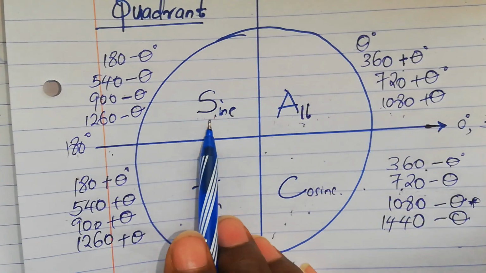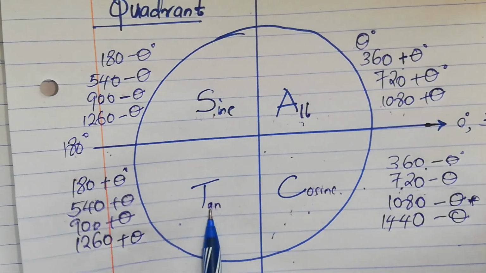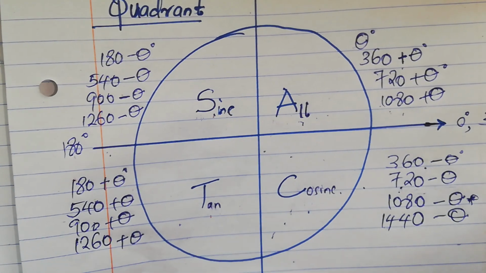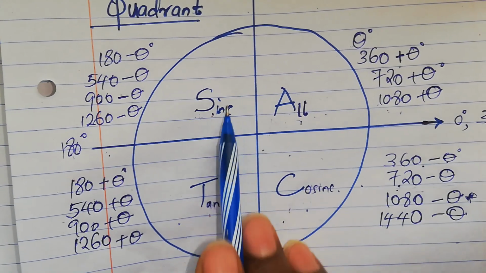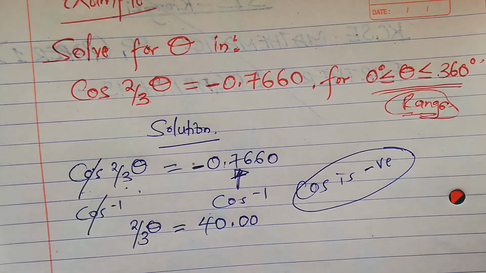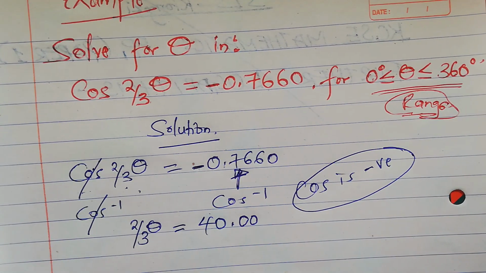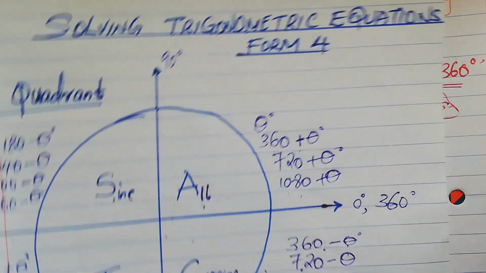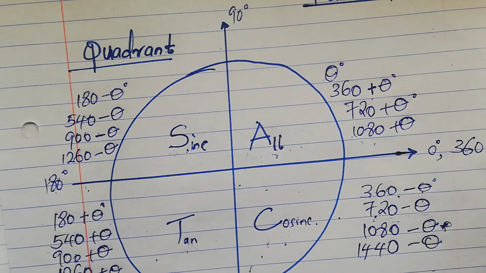In this case, sine is positive, but tangent and cosine are negative. In this case, tan is positive, sine and cosine are negative, and in this case, cos is the only one that is positive, and these two are negative. So look at our problem. We want where cos is negative.